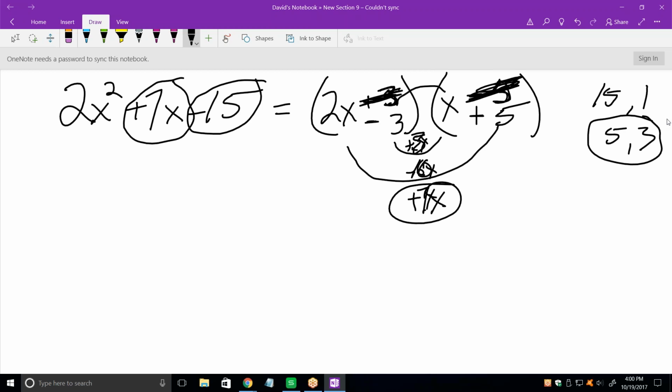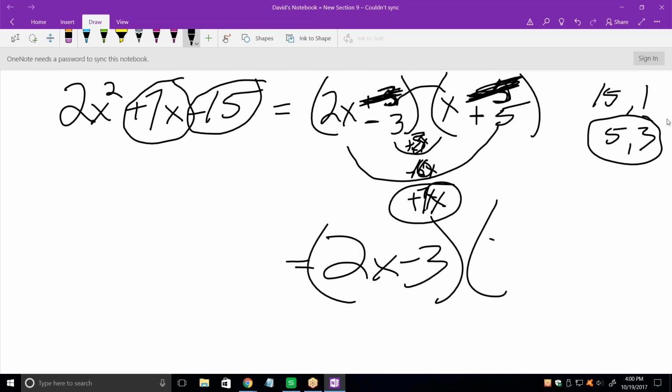So usually they'll give you numbers where you don't really have to try that many combinations. But it is a trial and error process. So our answer is 2x minus 3 times x plus 5. And if we multiply that back together again, we'll see we do get that.